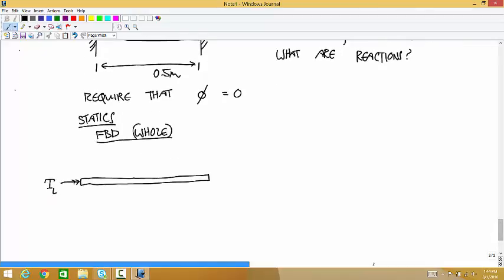In the middle, there's the applied torque of 500 Newton meters. And then at the right, there's going to be another applied torque, TR. I'm not trying to figure out any directions on those torques. I'm just going to assume they're positive, and the signs will work out on their own.